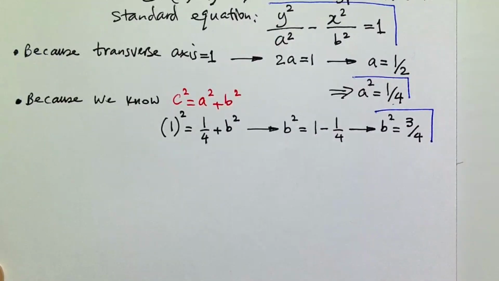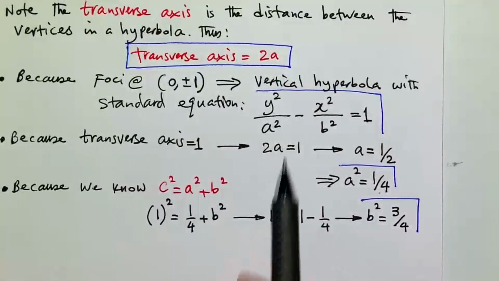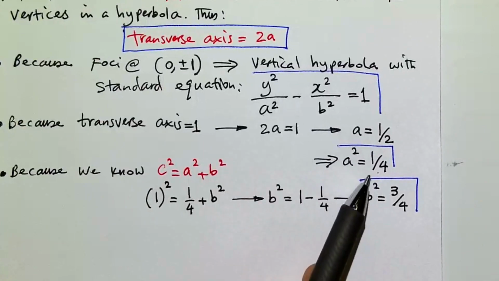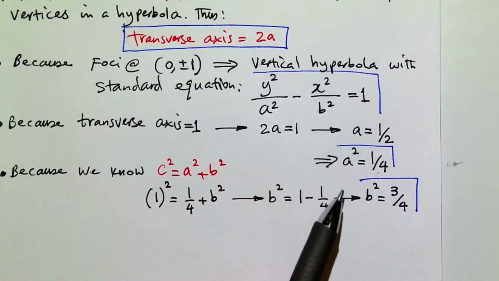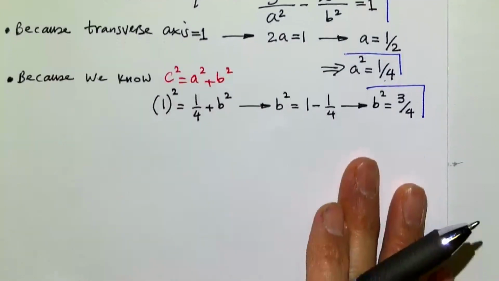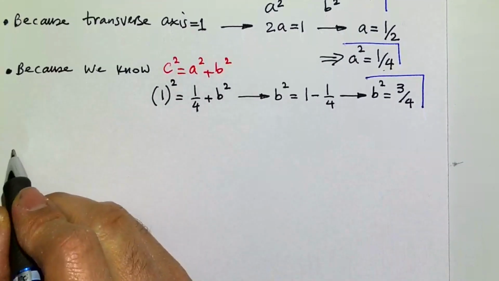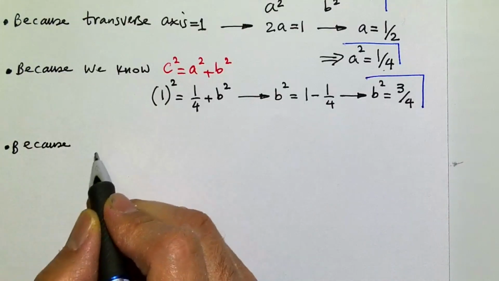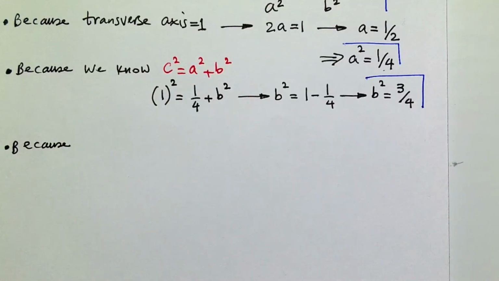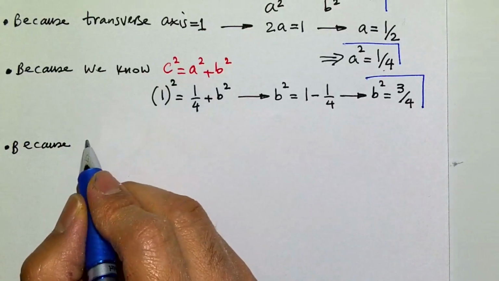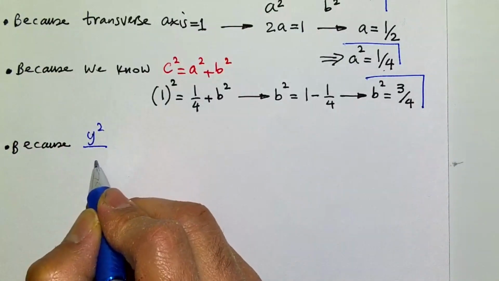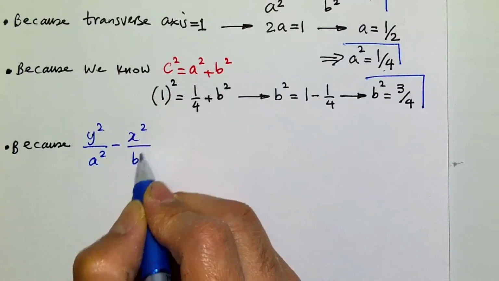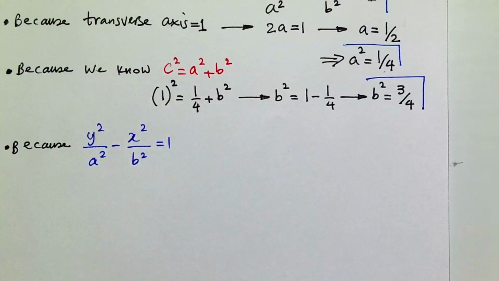So now we can easily write down the equation knowing that we have a vertical hyperbola. So y squared over a squared minus x squared over b squared. Let's put that together. Because our equation is this, we have y squared over a squared minus x squared over b squared equals 1.